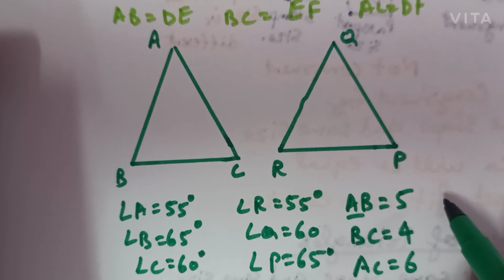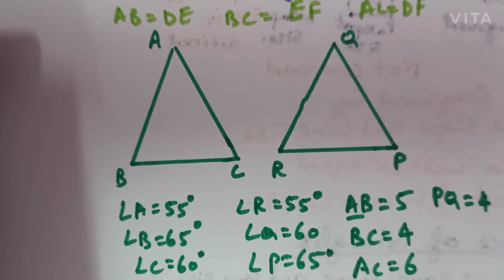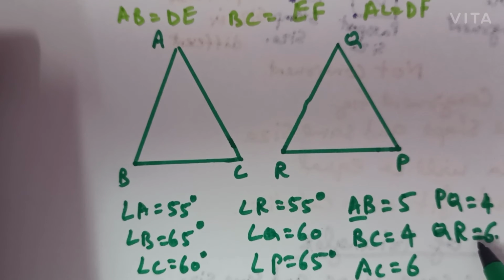Similarly here, line segment PQ is given equal to 4 units, QR is given 6 units, and PR is given 5 units.